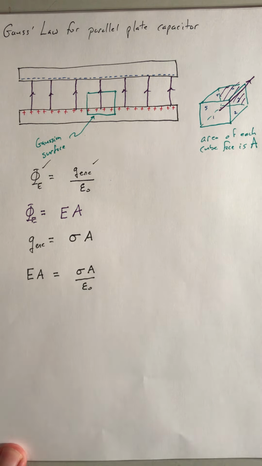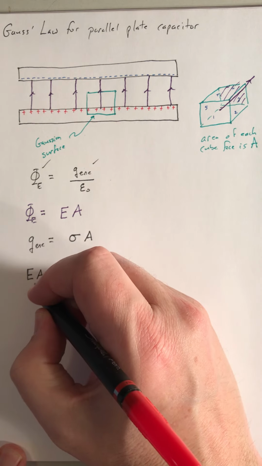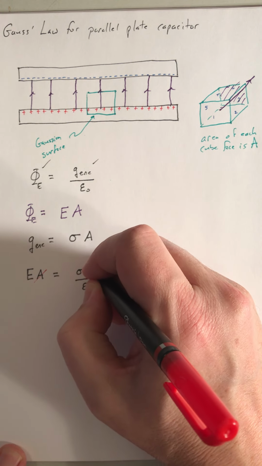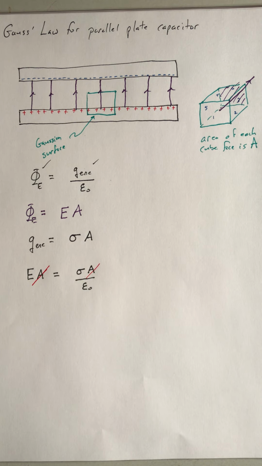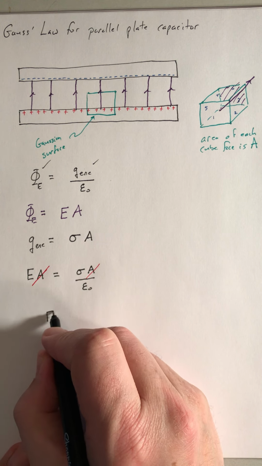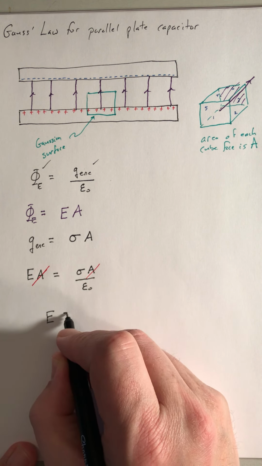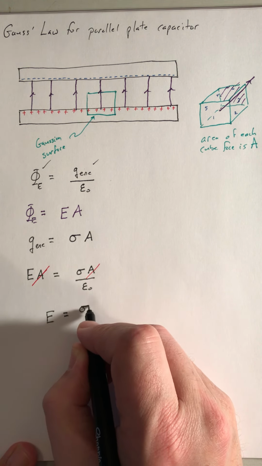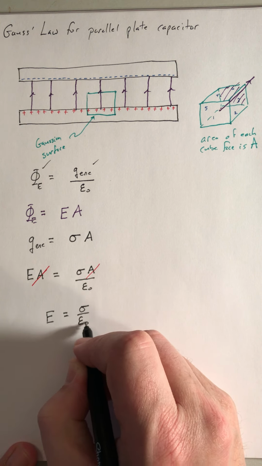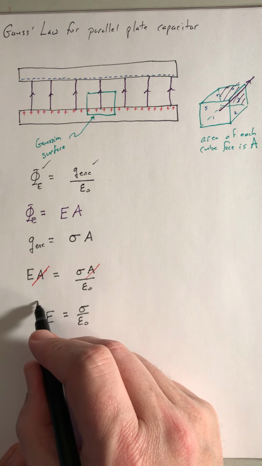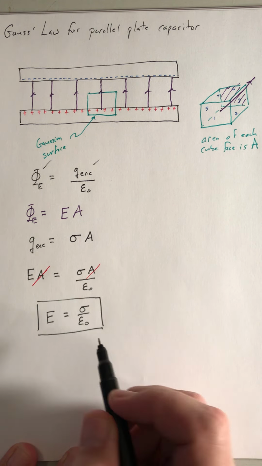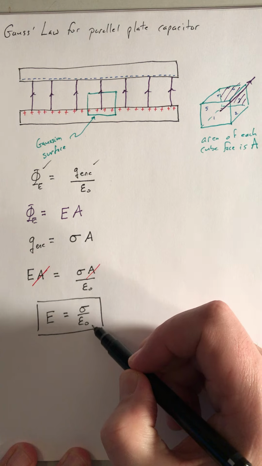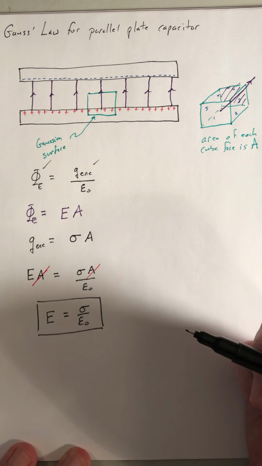And it's the same area on both sides, so that's arbitrary, cancels out. And we have the electric field for a parallel plate capacitor. The electric field is equal to the surface charge density that the capacitor is charged to divided by the permittivity.